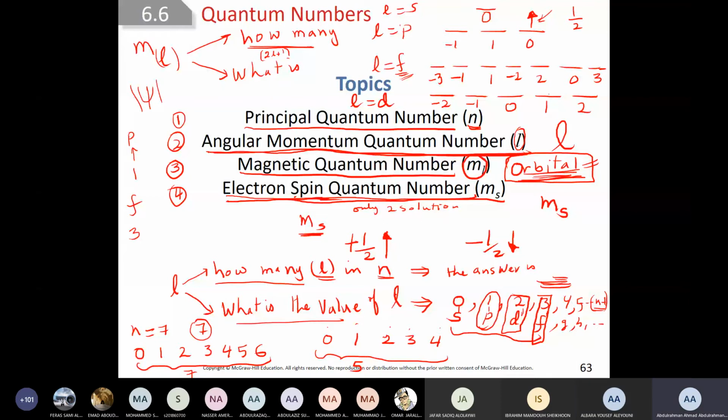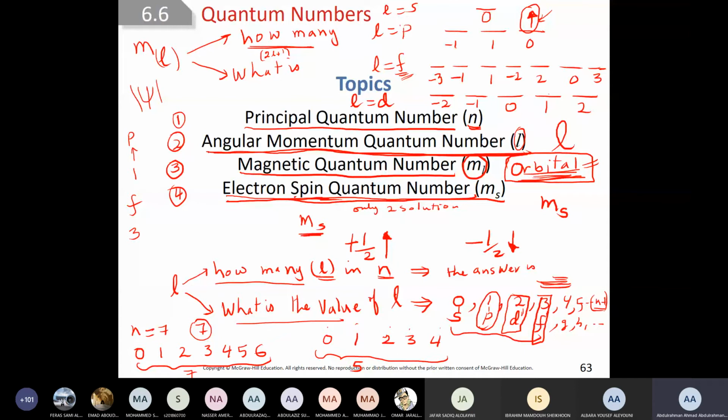Then what will be the value for ms for this electron? Minus half. Can I say plus half? No. Why? Because I already decided that going up is plus half. I can decide from the beginning, so I'll put the one which is up as plus half.